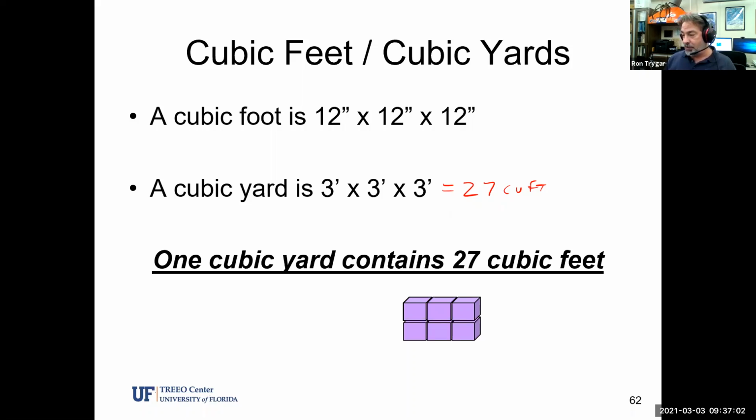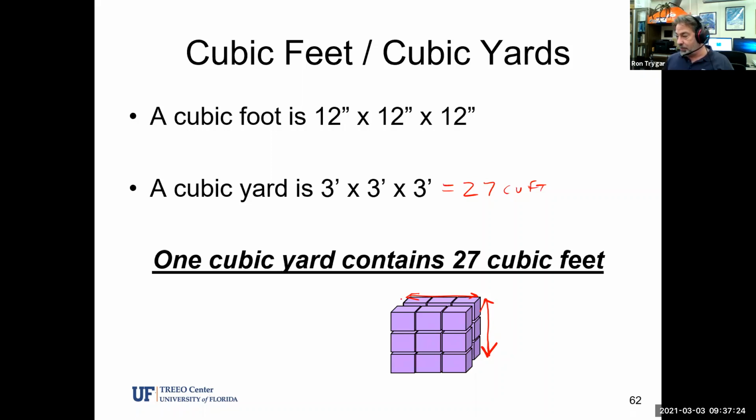Now we put 3 feet this way, and 3 feet this way. So now we have 9 cubic feet. Let's put a box of shape like that in front of it. That's only 2 feet over. We need to go 1 more foot out to make this a cube. So there we go. 27 cubic feet is 1 cubic yard.